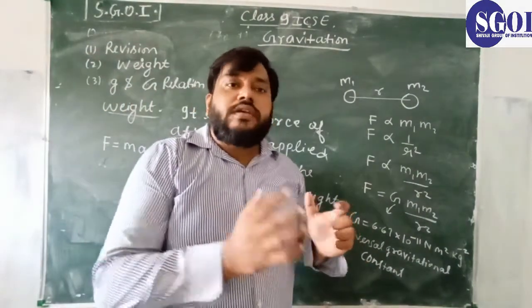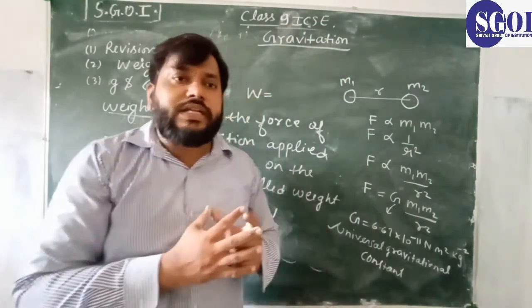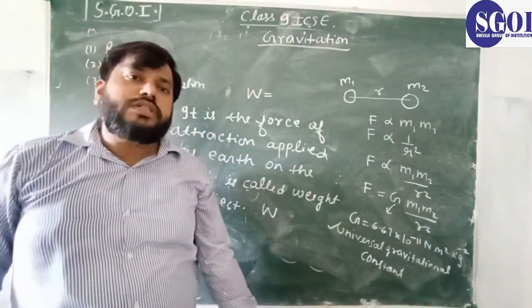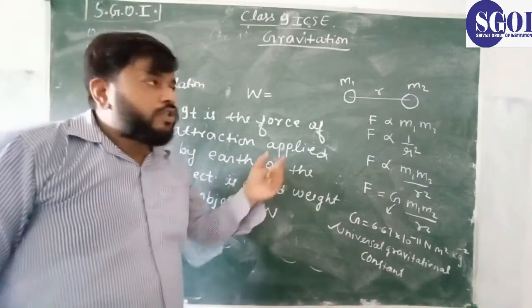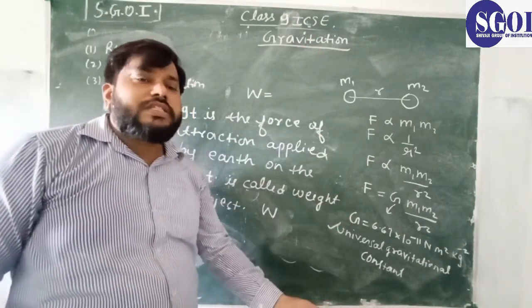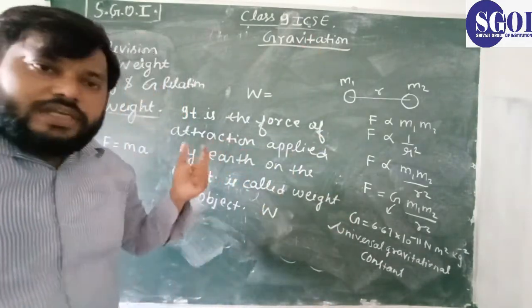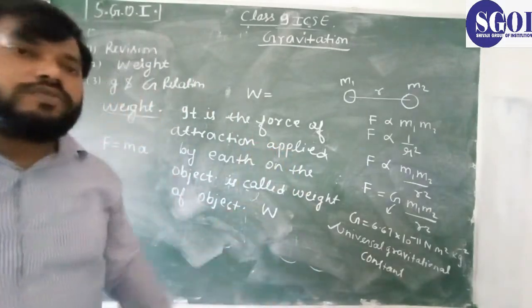Which force? Gravitational force. The earth is attracting the object towards its center, that is due to its weight, because weight is the force of attraction applied by the earth. So because of the earth's gravitational pull, this chalk is going towards the center of the earth, downward.